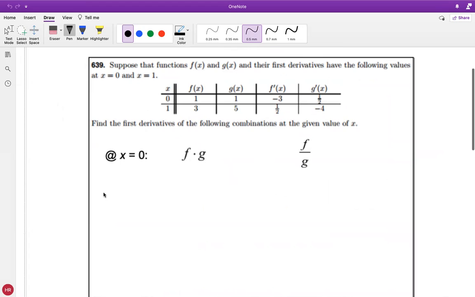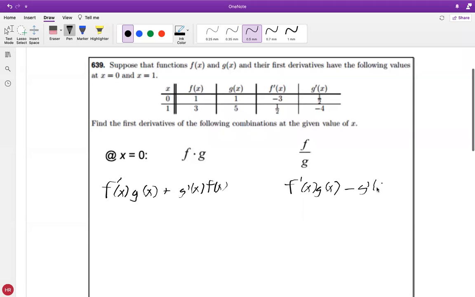So the derivative of this is F of X, F prime of X, G of X, plus G prime of X, F of X. That's F times G. And this one is F prime of X, G of X, minus G prime of X, F of X, all over G of X squared. So I basically just rewrote the product and quotient rules here.